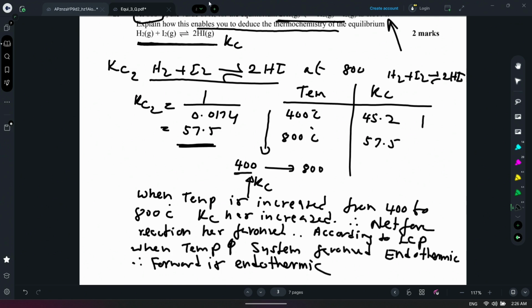Is that clear? All right, this is a good question, isn't it? It is really a good question. You haven't seen a question like it in VCAA, because the tricky part is you need to find out the new Kc value for this reaction at 400, using the Kc value for the reverse reaction, which is given to you at 800.